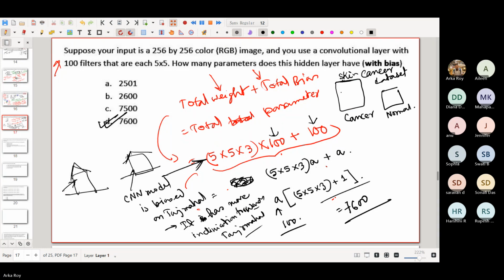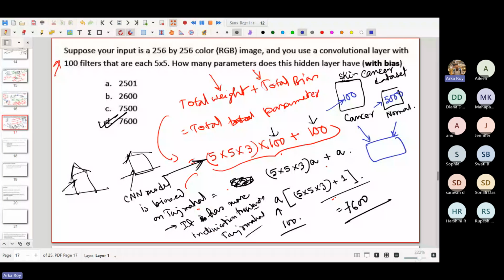In the cancer class, they have only 100 samples. In the normal class, they have 5,000 samples. Now, if you train a model with this data set, you can see there is a huge imbalance. 50 times more data is there in the normal class.